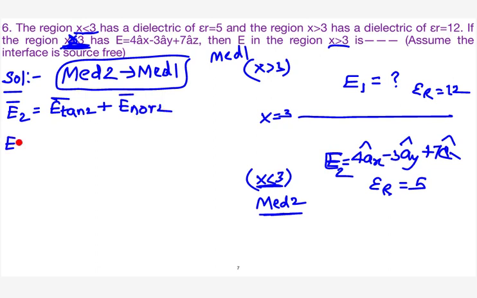So there is a simple shortcut here. When you want to write a tangential component with respect to any interface, look at the interface. So the interface is characterized by x is equal to 3. So for the surface x is equal to 3, which one will be the normal component?